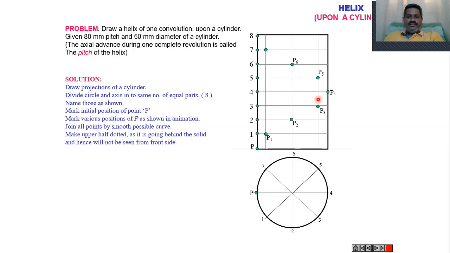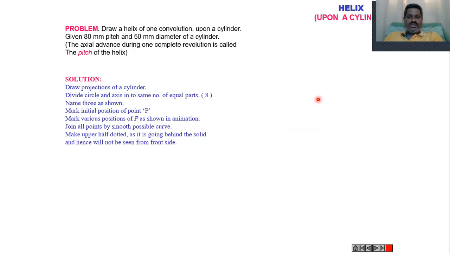Then I repeat the procedure of the helix once again. Draw a helix of one convolution upon a cylinder given 80 mm pitch and 50 mm diameter of the cylinder. Here 80 mm pitch means that while moving, the point is advancing 80 mm distance in one revolution.